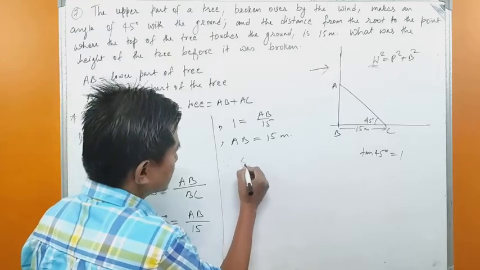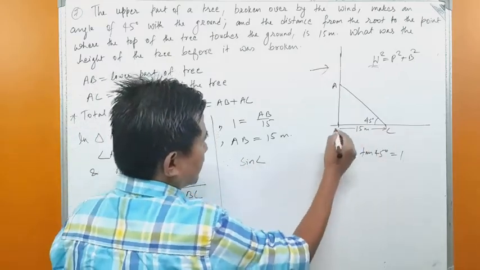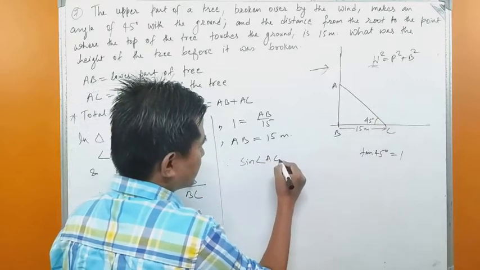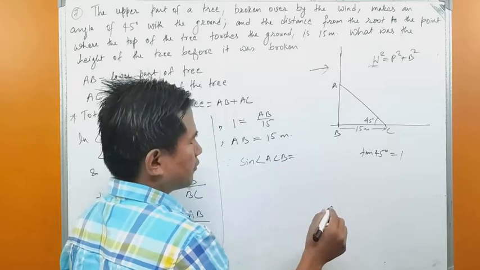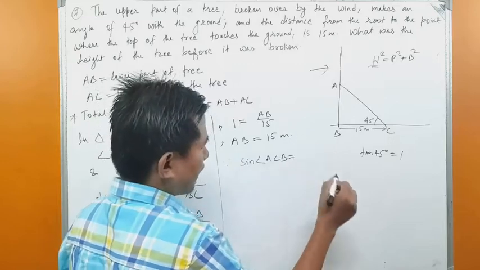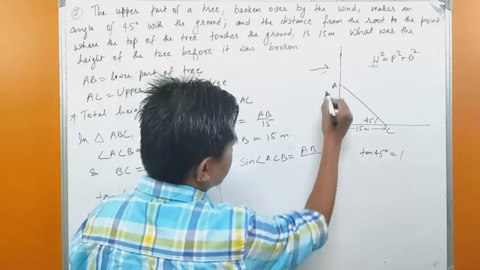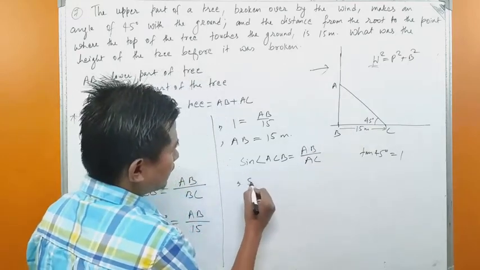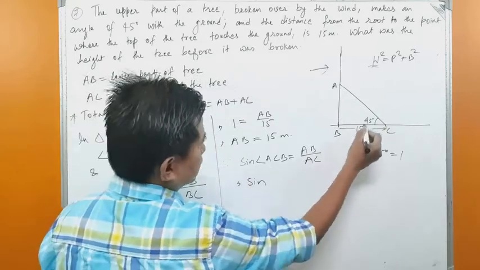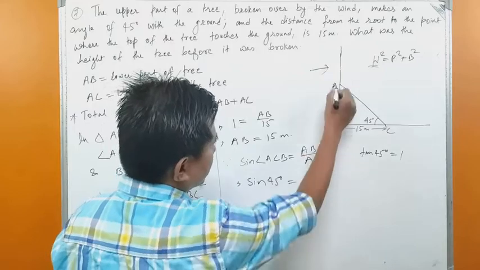Since sine of angle ACB, sin theta means perpendicular upon hypotenuse. So perpendicular is AB, hypotenuse is AC. So sine of angle ACB, which is 45 degrees, equals AB upon AC.